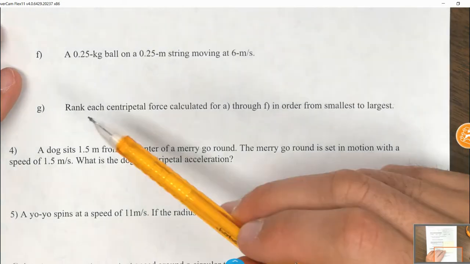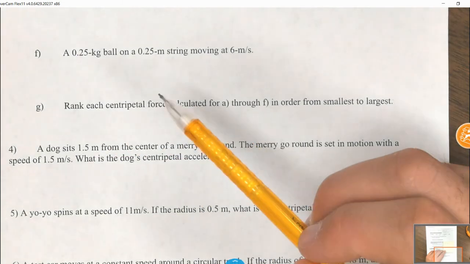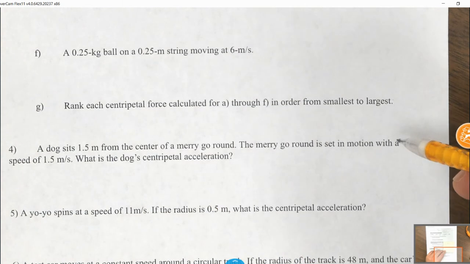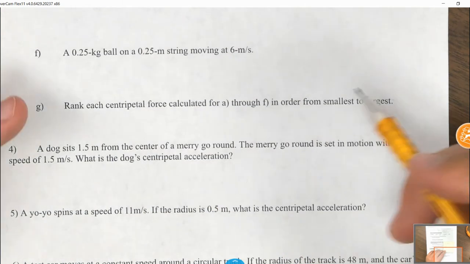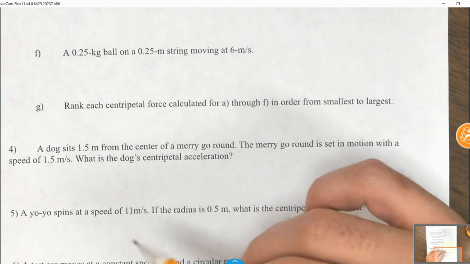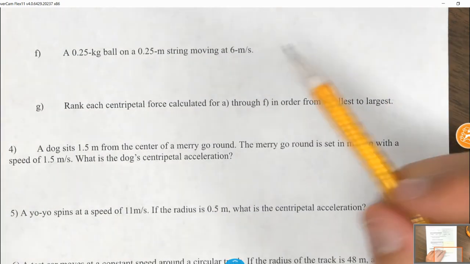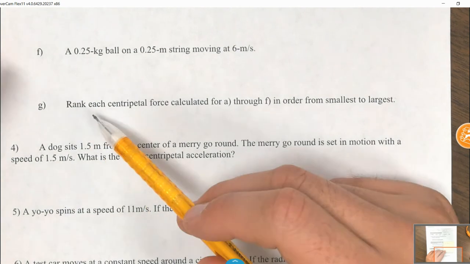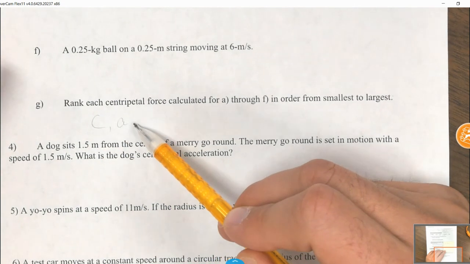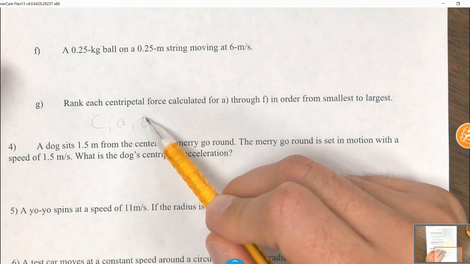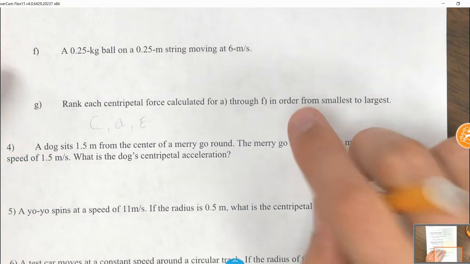And then for part G, it wants you to rank them from the smallest centripetal force to the largest. So you would put them like A through F. Like if C wound up being the biggest, C would go first. If then A was next, you would have it like C, A. Who knows what the next one could be? Could be E, etc. Until you finish the end.